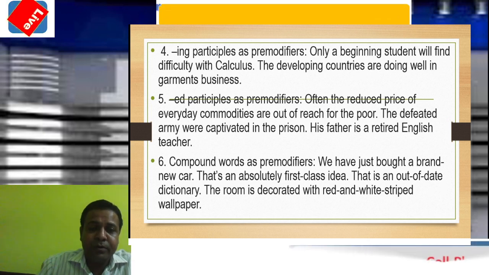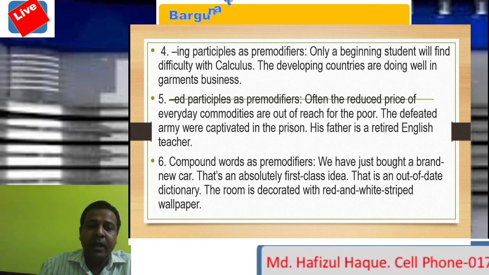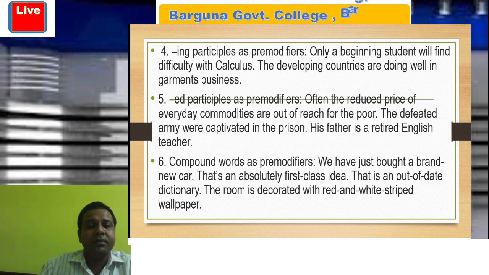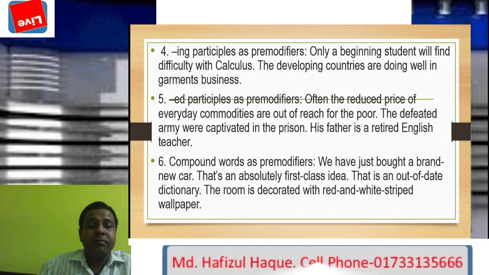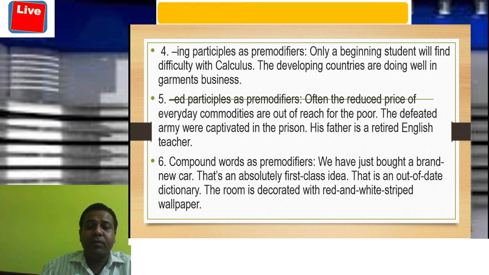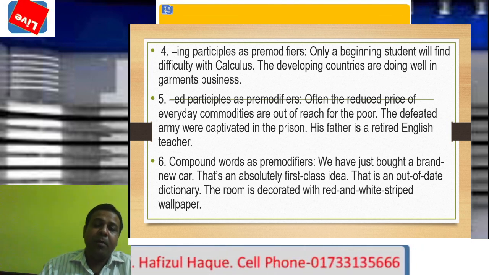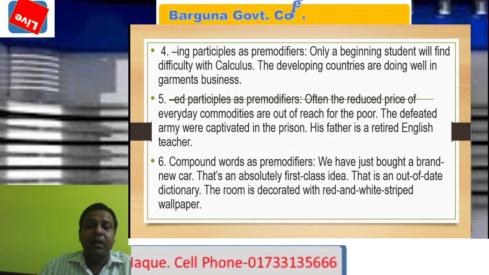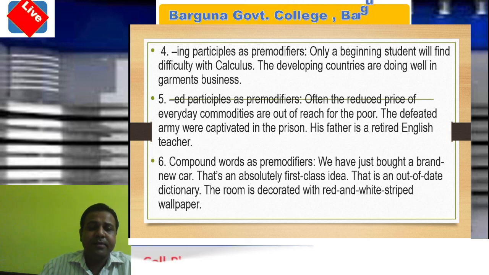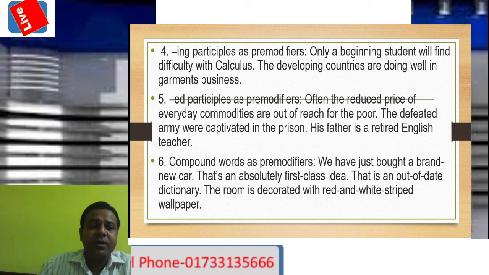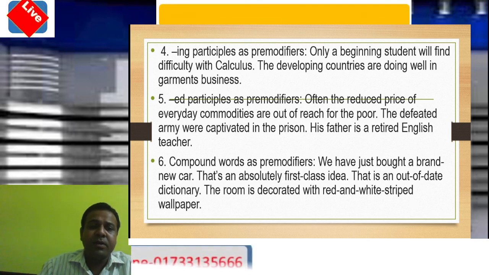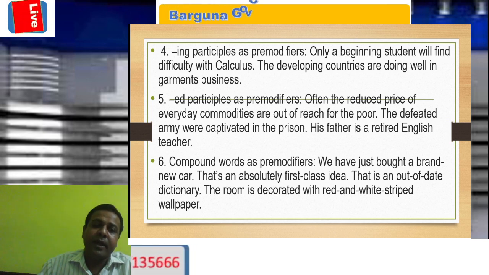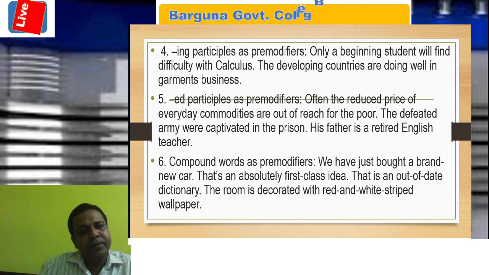When two words form a single word and express its meaning, then we can call it a compound word. Here in the first sentence, brand is a word, new is another single word, and they are joined together and form a new word, brand new, which has another meaning, and that is why it's called a compound word. And compound words can be used as pre-modifiers.